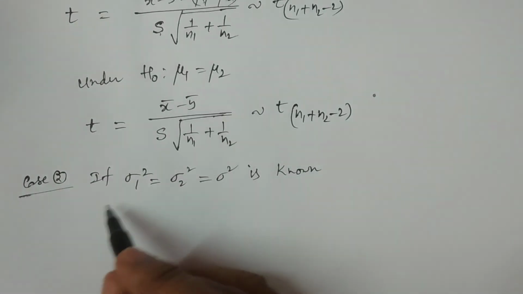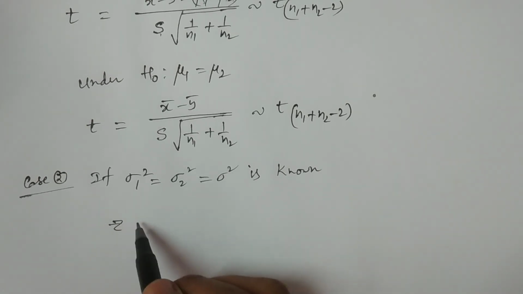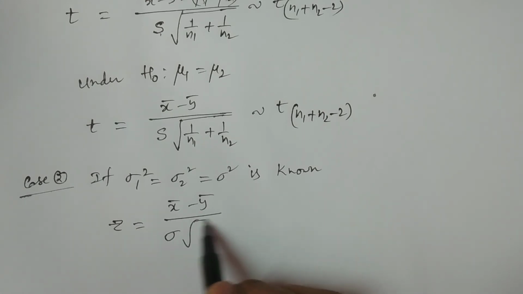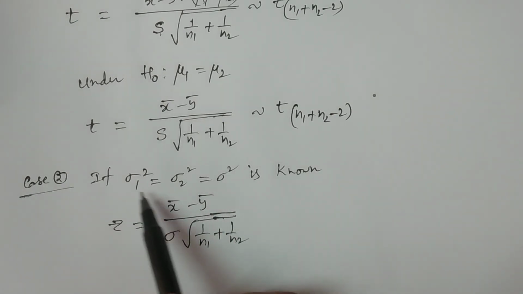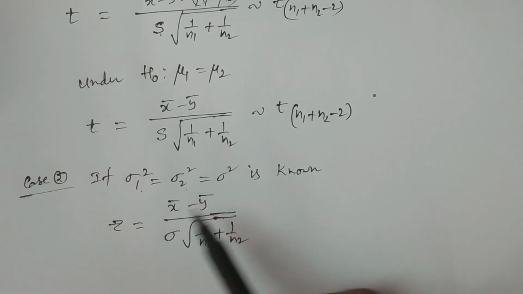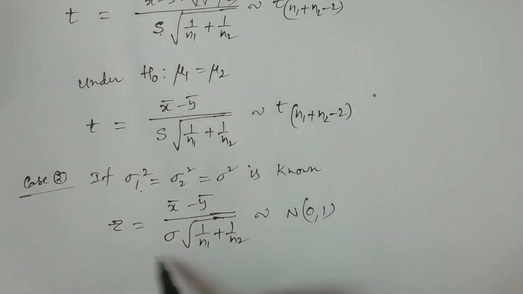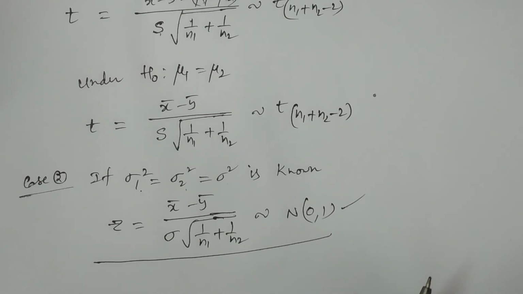If it is known, then we simply apply the normal distribution, as in the large sample test: z is equal to x bar minus y bar divided by sigma into the square root of 1 by n1 plus 1 by n2. This is the case when sigma is known, and it follows a standard normal distribution.